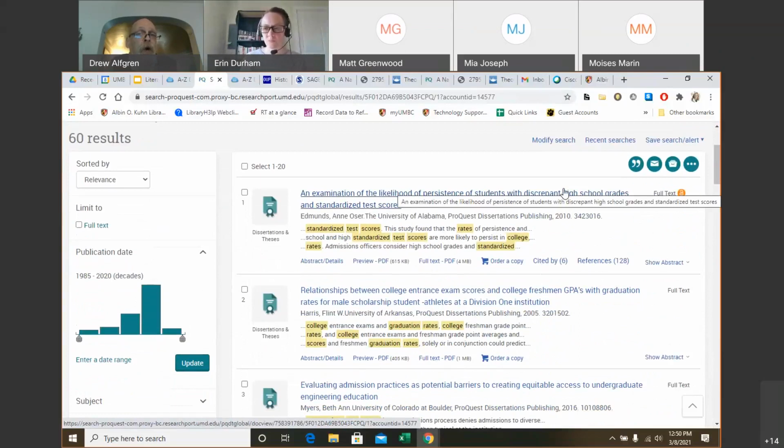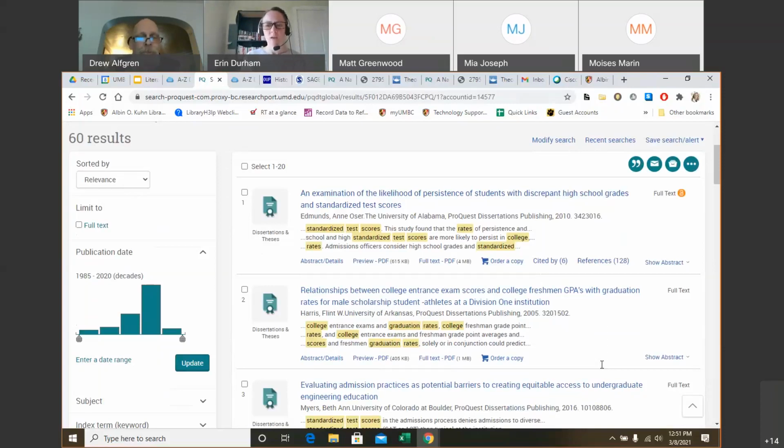If you are very, very narrow, that can be a problem. But you have to remember you're working from the published literature. So if you're not finding any literature, then really you either have to broaden your topic or maybe pick something else because you're not going to have anything to cite. So unless you are actually going to do all of your research directly with the public, you're not going to have anything.